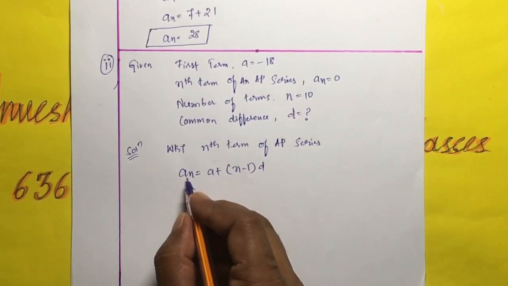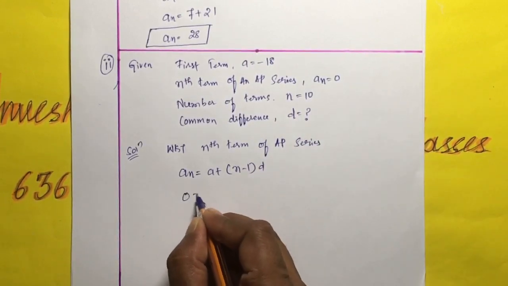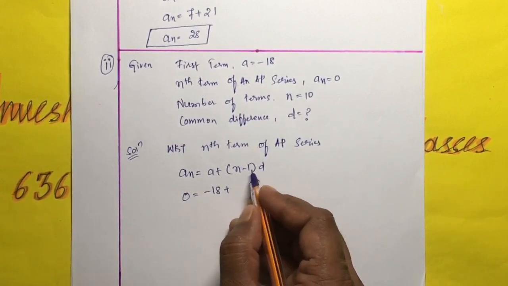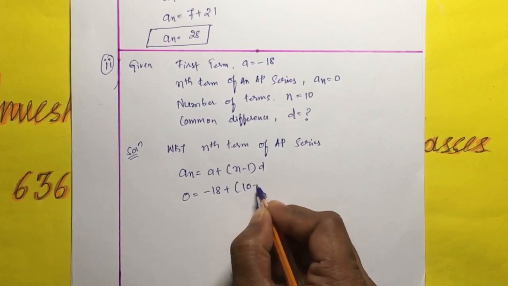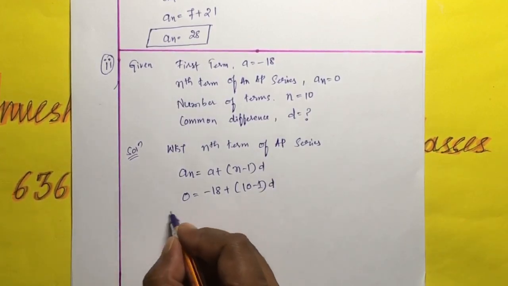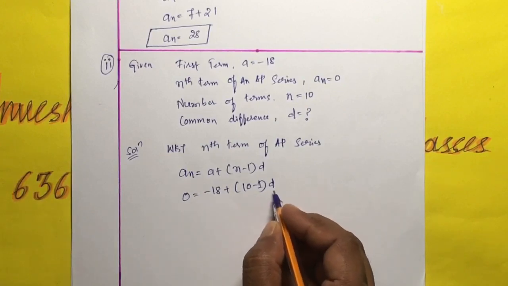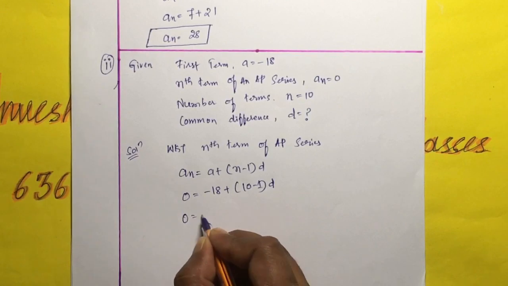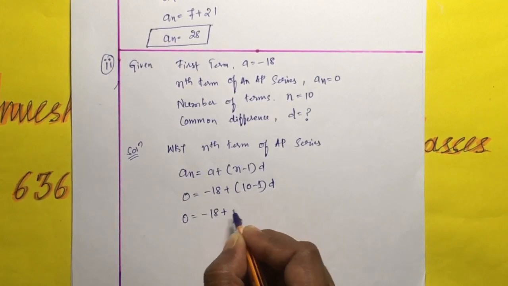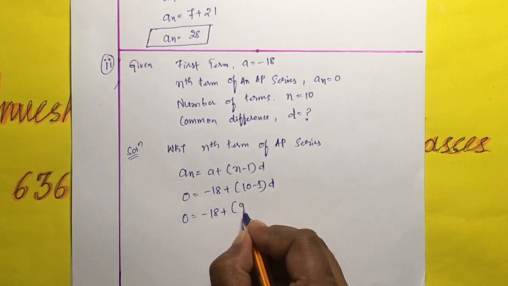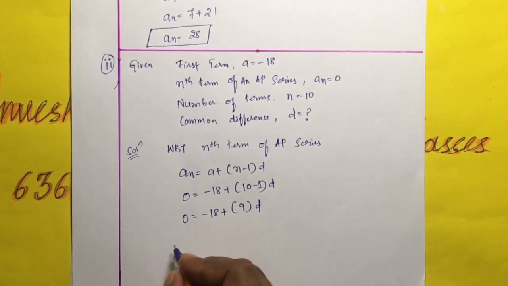So what is an? an is 0. What is a? a is minus 18 plus n is 10 minus 1. We have to calculate the value of d. So you keep d as it is. By solving this equation, 0 equals minus 18 plus 9, 10 minus 1 is 9, into d.